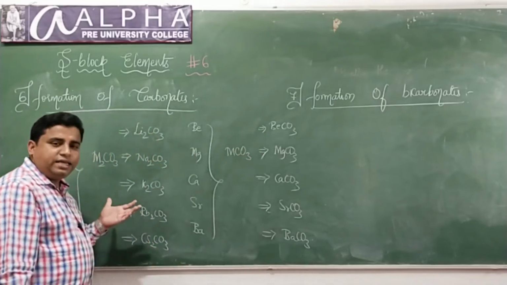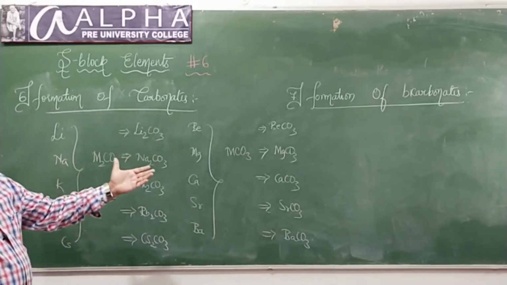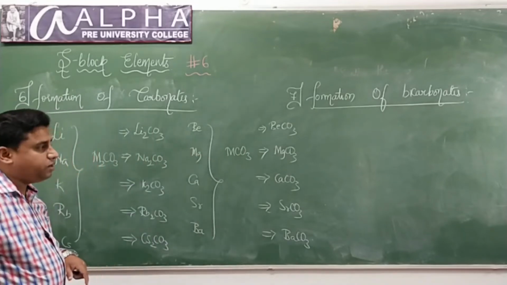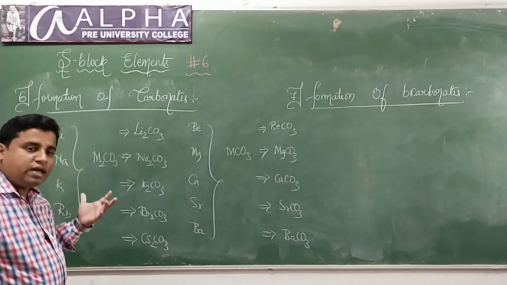Now, when are the carbonates of alkali metals and alkaline earth metals formed? When are they going to form?